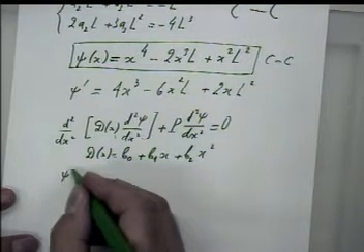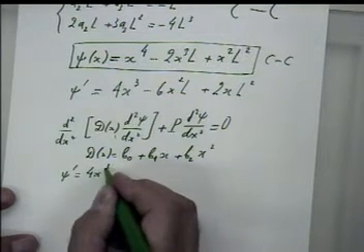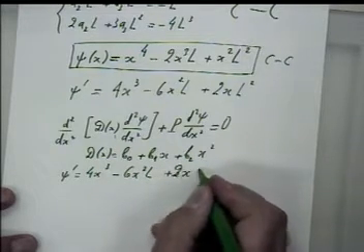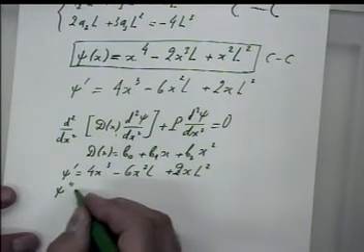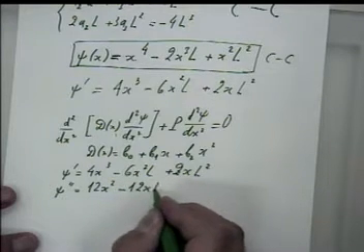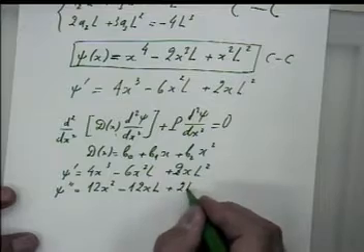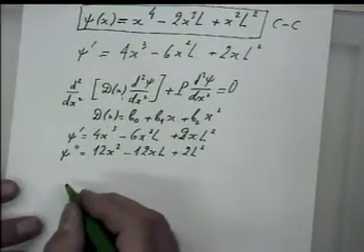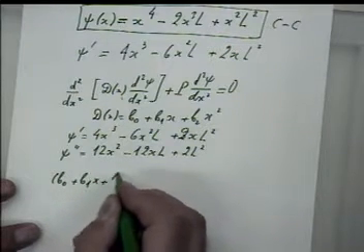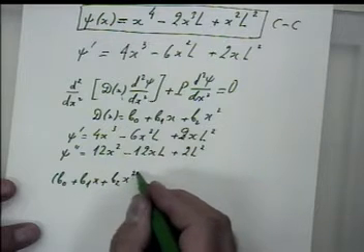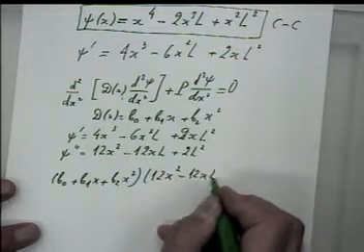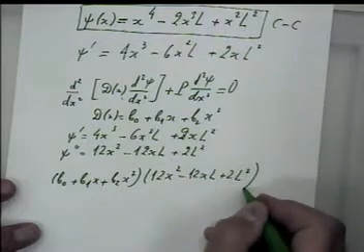So we have psi prime equals 4x cubed minus 6x squared L plus 2xL squared. Psi double prime equals 12x squared minus 12xL plus 2L squared. Now this should be multiplied by D of x. That means b0 plus b1x plus b2x squared times 12x squared minus 12xL plus 2L squared.